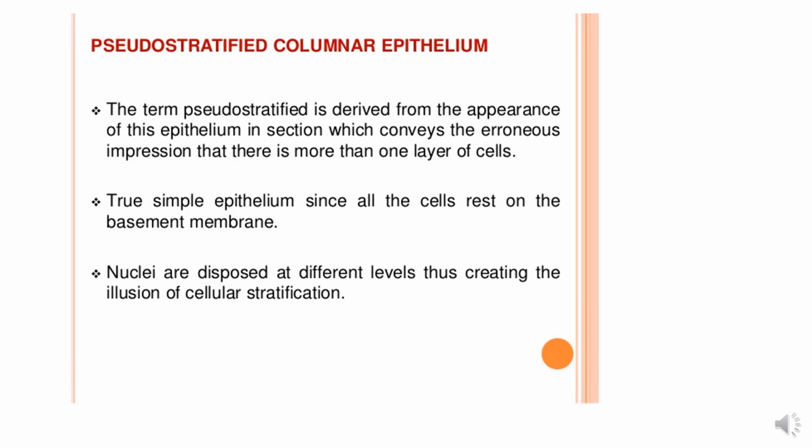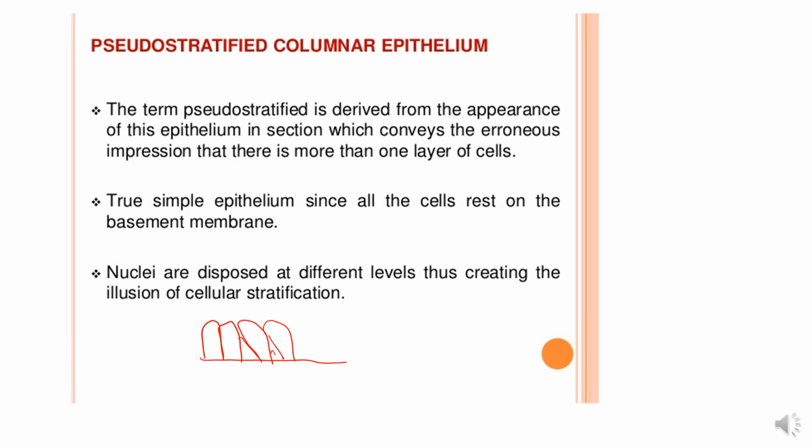This is a true simple epithelium since all cells rest on the basement membrane. Nuclei are disposed at different levels, thus creating the illusion of cellular stratification, because all the cells lie on the basement membrane, but not all the cells reach the apical surface.